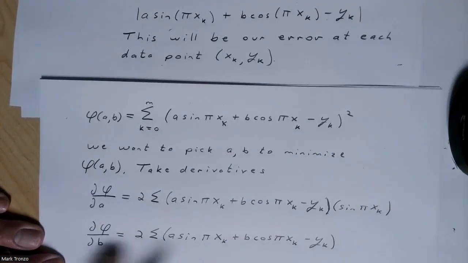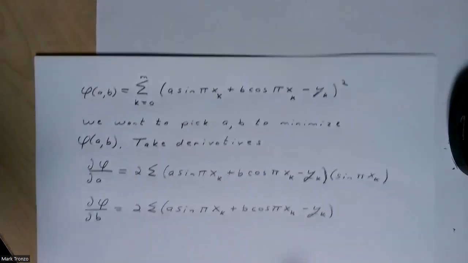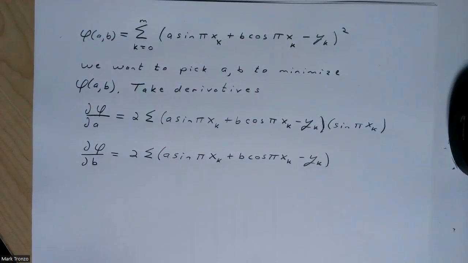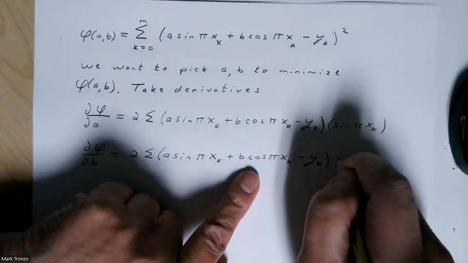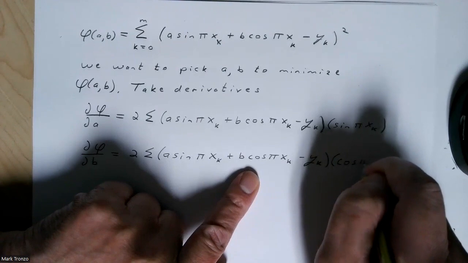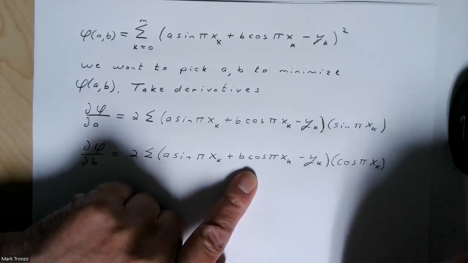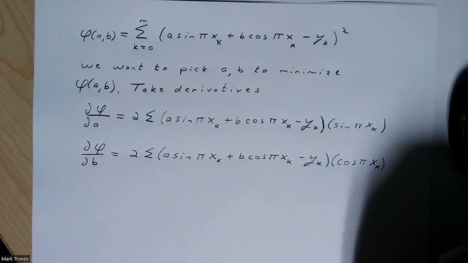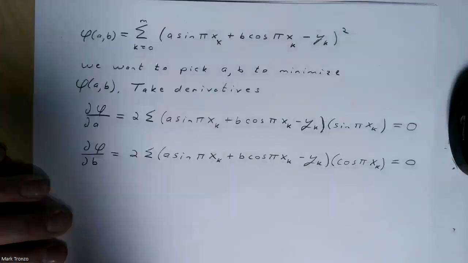Then the derivative with respect to B of the inside, and that's just going to be cos pi xk.